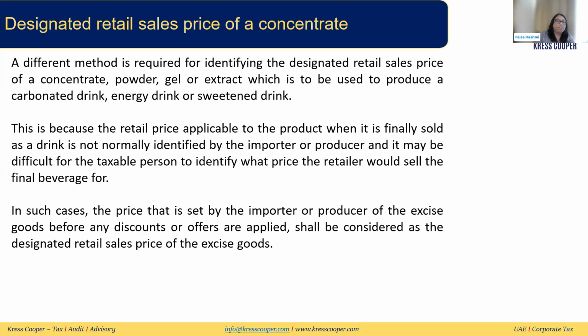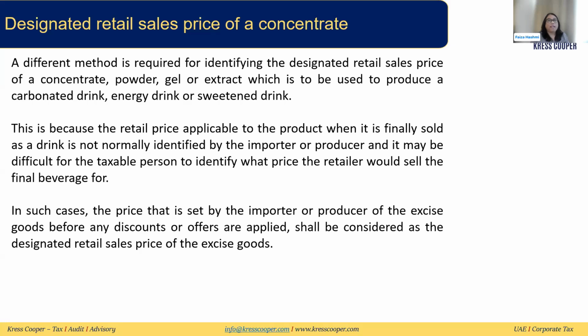Now, before, we mentioned that there are different methods. For concentrate, we said that sweetened drinks, energy drinks, and carbonated drinks can come in a liquid form or in a concentrate, powder, gel, or extract form. When it comes in a concentrate, powder, gel, or extract form, it needs to be mixed with an aerating agent at the point of sale, where the retailer adds it together to make the drink.